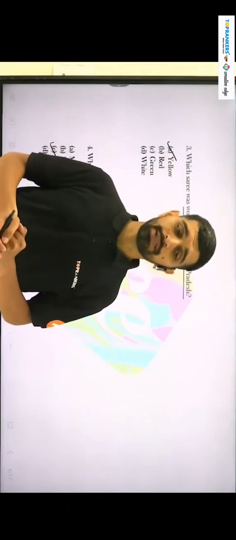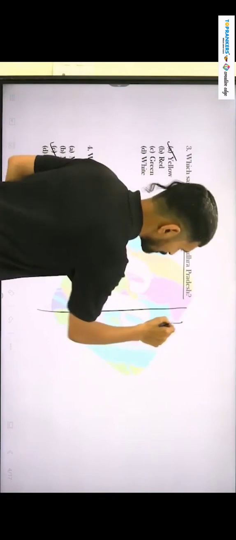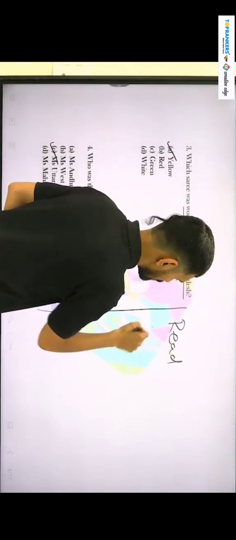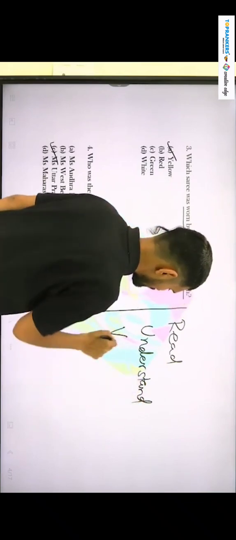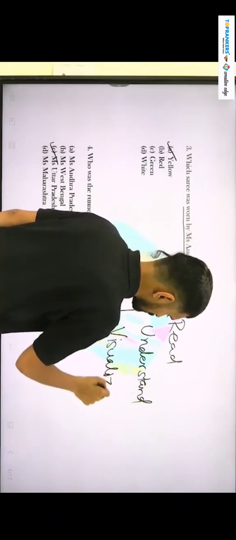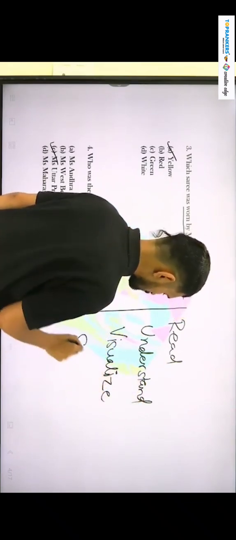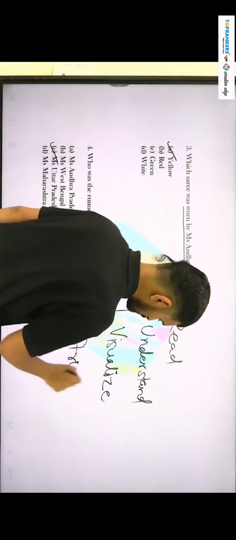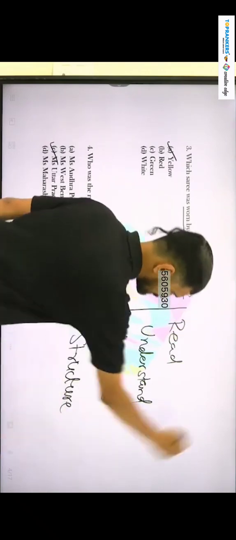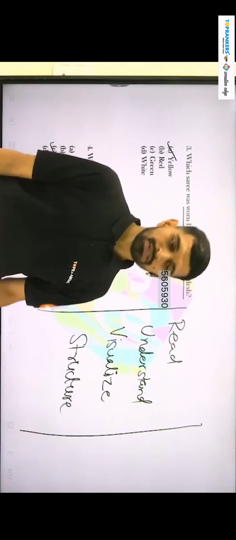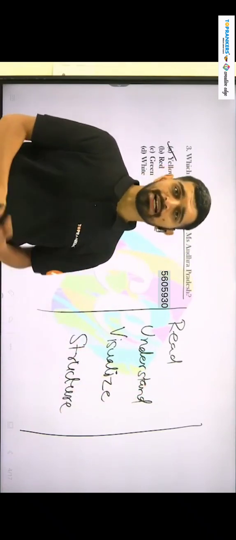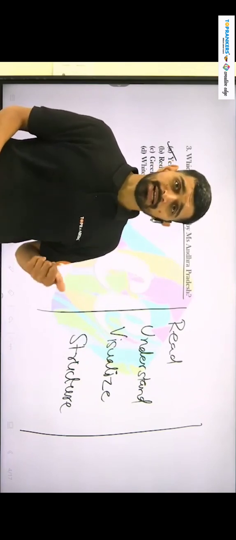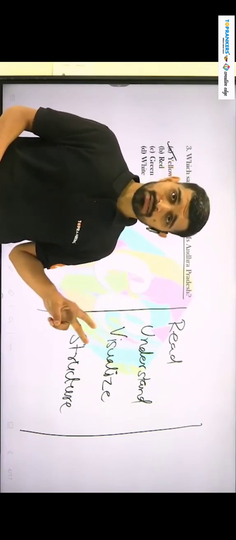So the most important thing is we must read, understand, visualize, and structure. These are the steps that we need to follow in the majority of reasoning questions, the majority of analytical reasoning based questions, whether it is seating arrangement, blood relations, or distance and direction.